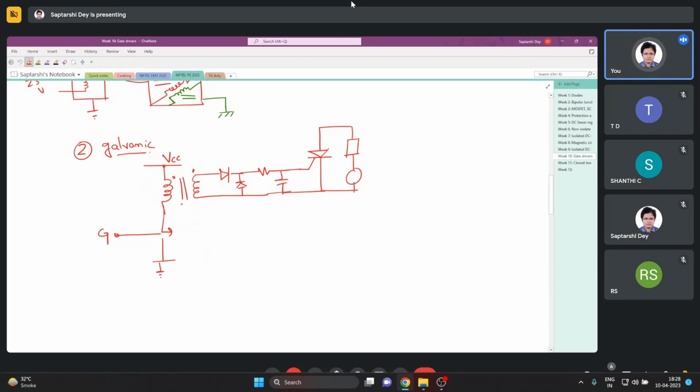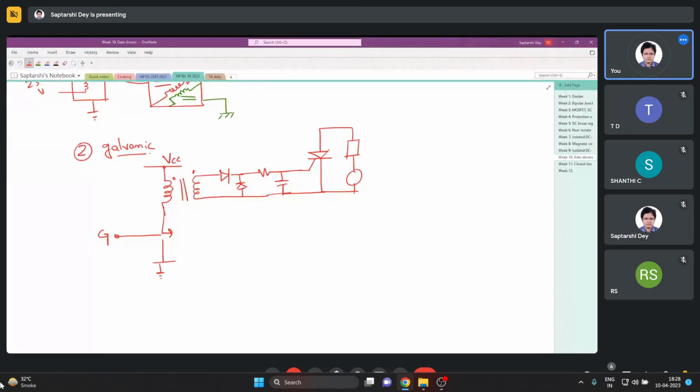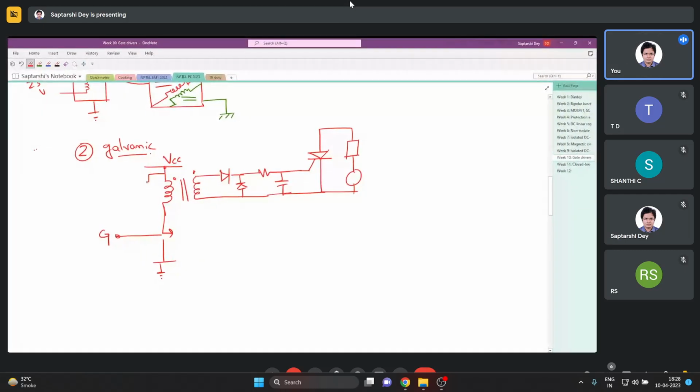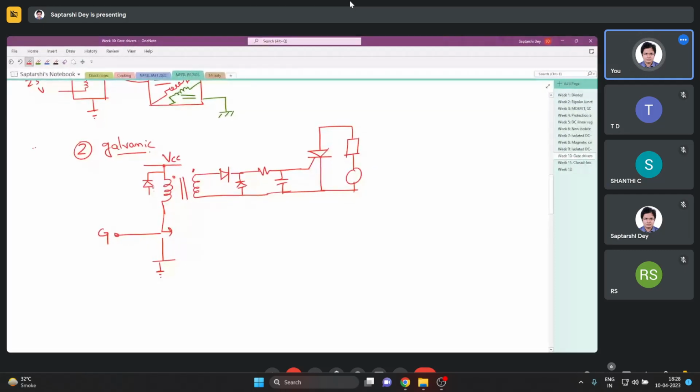The power and signal both are traveling together. The power is traveling in a pulsed fashion, and like a forward converter, here also you will require a reset circuitry. But since this is low power, not as high as a forward converter, you can have a resistive reset also.